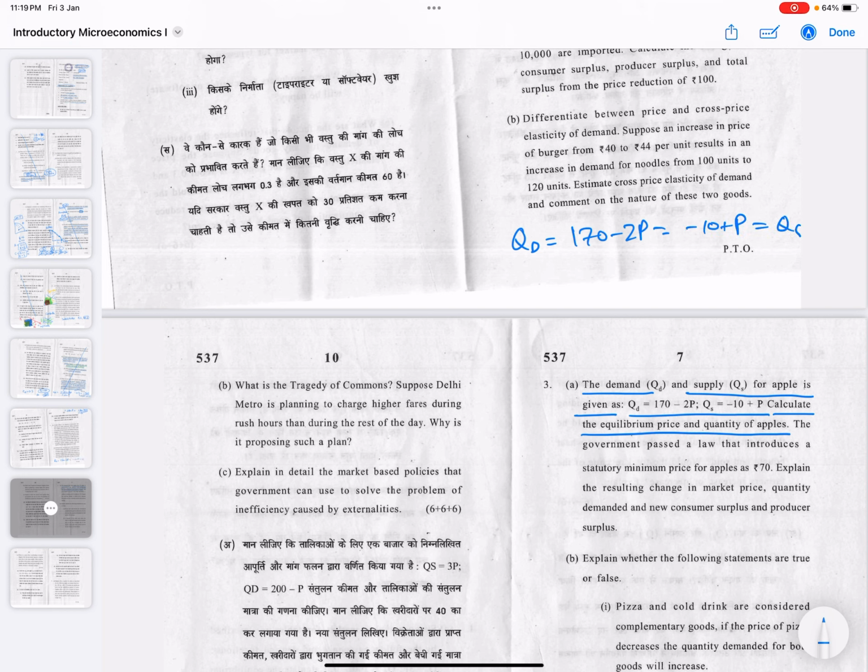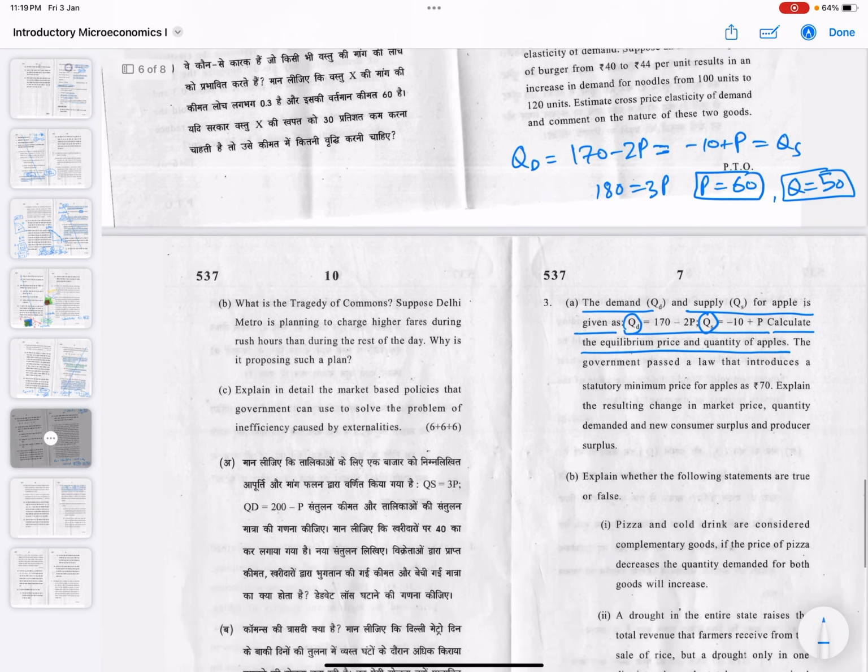So at equilibrium, both of them should be equal. So we have 180 equals 3p. This gives us price equals 60. And similarly, you can plug this price in either quantity demanded or quantity supplied. Then the equilibrium quantity is coming out to be 50. So 170 minus 120 is 50, minus 10 plus 60 is also 50.